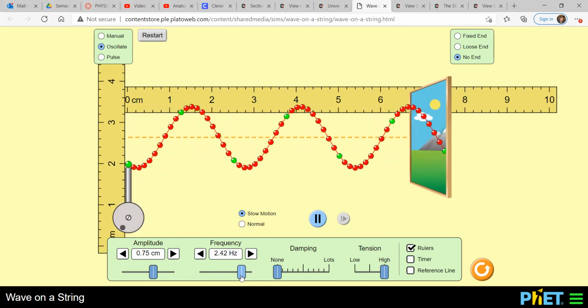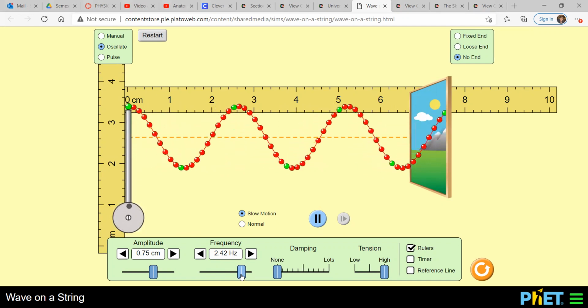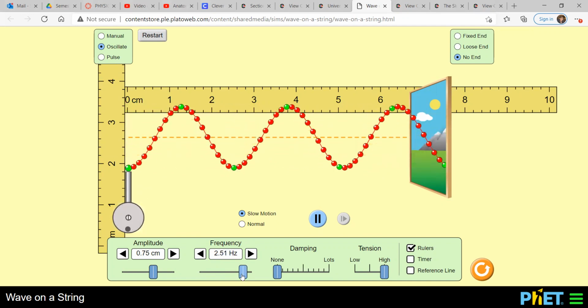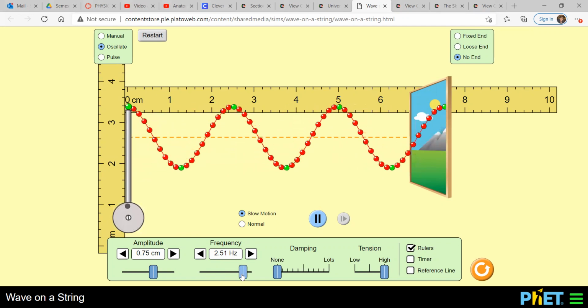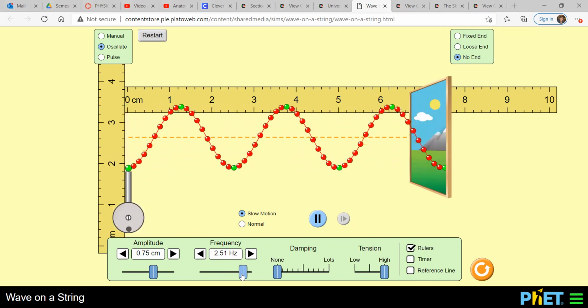Now, I increased the frequency. And so you have more waves per second.